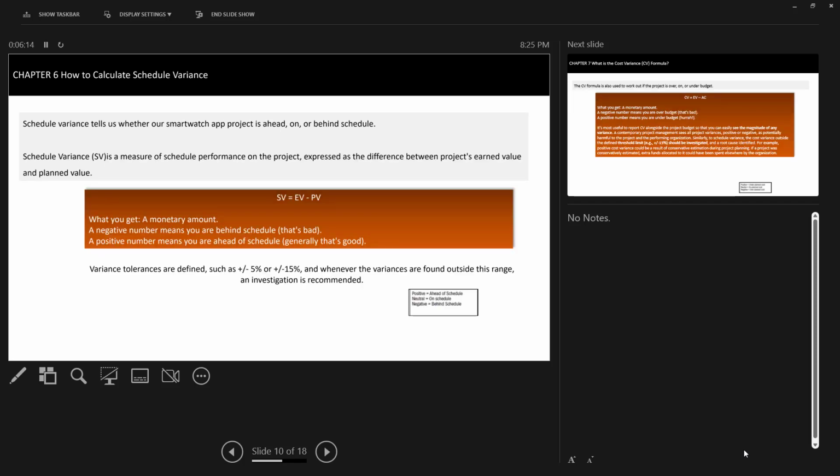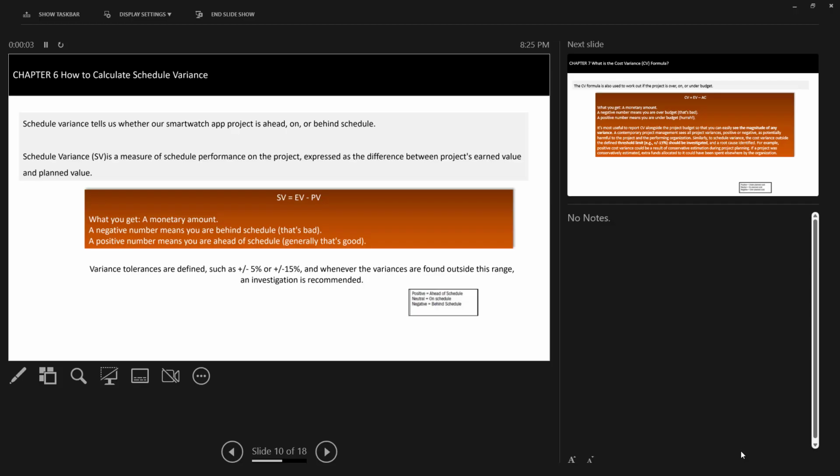Next one. Schedule variance, which is SV. This is the formula. Schedule variance tells us whether our smartwatch app project is ahead or behind schedule. So these are keywords that you have to look out for in questions that might appear during your examination.